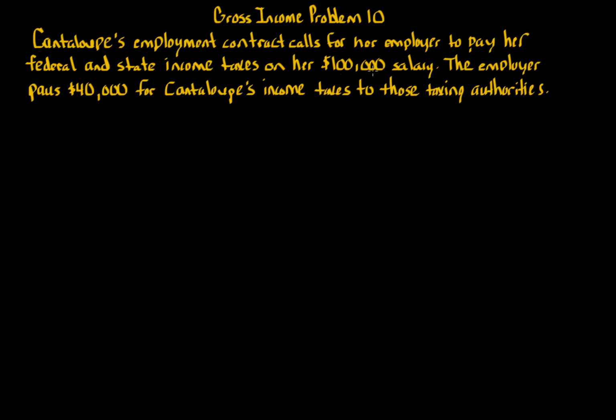So you have to net out those things. Here though, this employer actually does cover the income tax portion. So Cantaloupe is getting a $100,000 salary, and then the employer is paying the $40,000 for the income taxes to those taxing authorities. So we're wondering here, again, this is a gross income question.